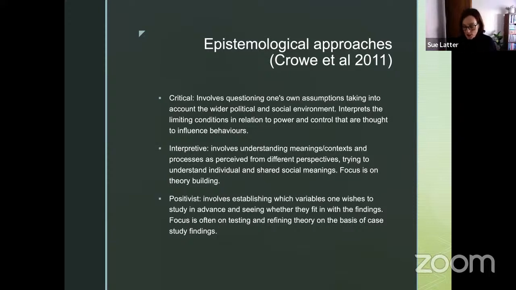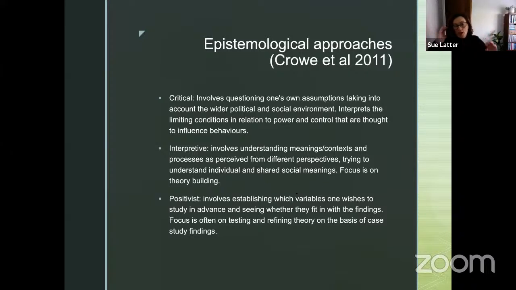So you are collecting data at a case study level, be that a ward, a GP practice, a team of community nurses, but you're also allowing yourself to think about the wider political and social environment that shapes the way that care is delivered. So, in the final write-up of the case study, you might be interpreting the limiting conditions in relation to, for example, power and control that are thought to influence behaviour. So, that might be about the resources or hierarchies within the setting that might shape what you're seeing at ground level.